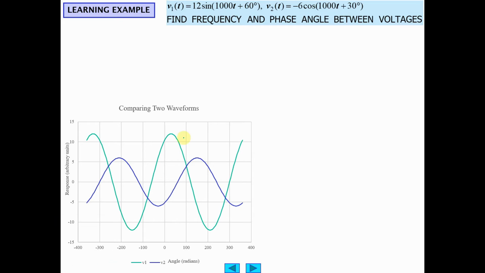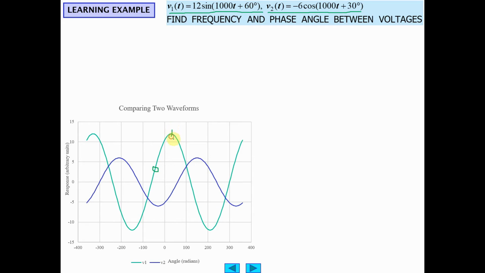Let's go through this example. What we have are a couple of signals. V1 is the green waveform on this plot. I like to make a sketch, a plot of things, so I know what's going on. V2 is the blue.